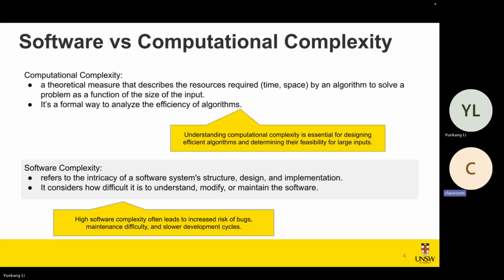It is related to the cognitive part of a piece of code. It only measures how difficult it is for humans to use or maintain the code. This is the difference between software complexity and computational complexity.